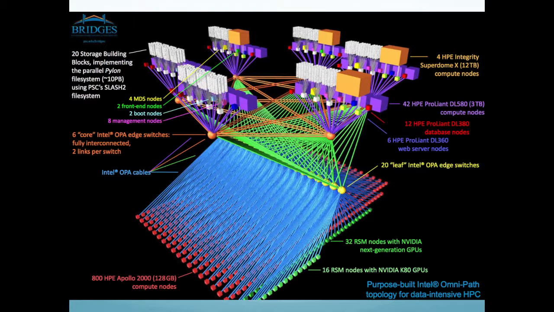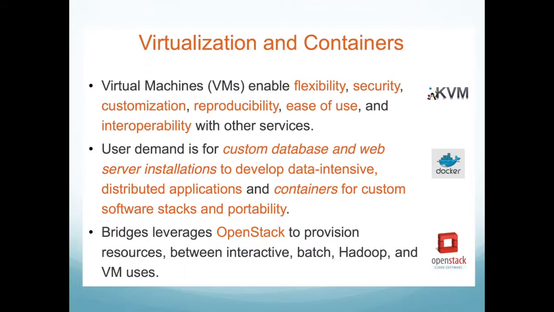That's typical; if you want to do machine learning, there are some GPUs as well. But you can also see that it has web server nodes, for example, and also database nodes that you can use to construct the gateways for your application. And also VMs, right?